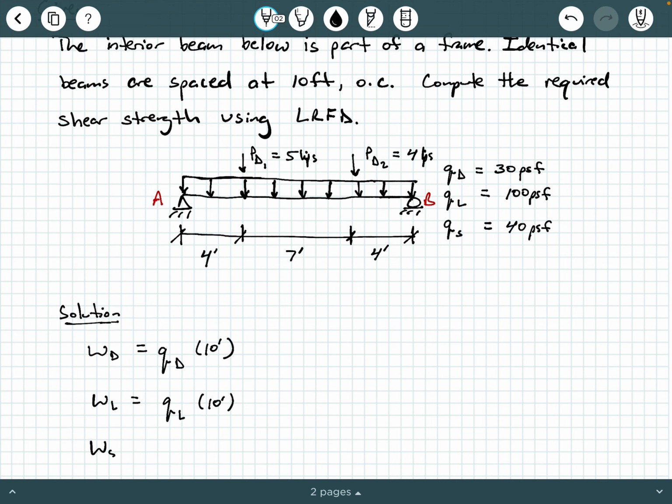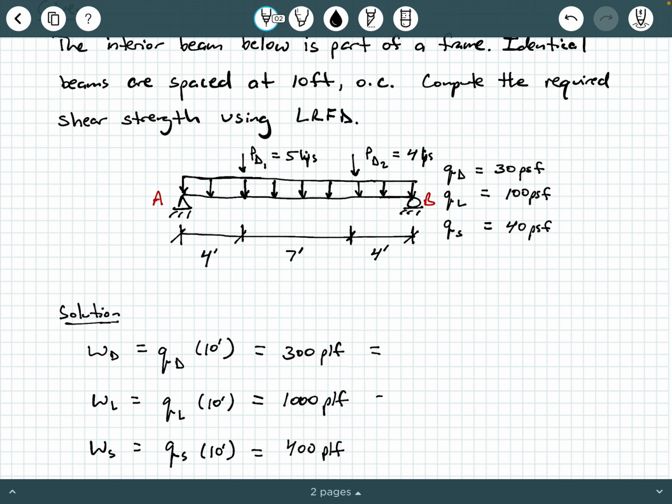And then, of course, W snow is Q snow times 10 feet. And so when we multiply these out, of course, we get 300 PLF. We get 1,000 PLF. And then we get 400 PLF.